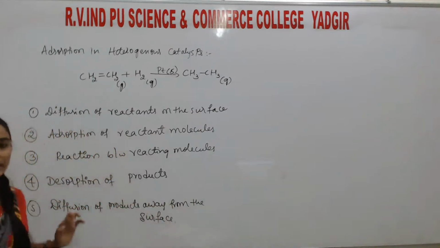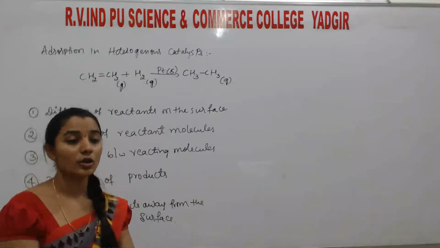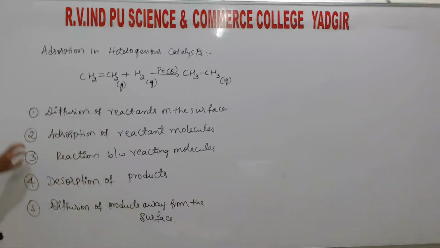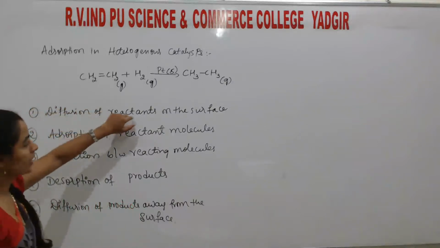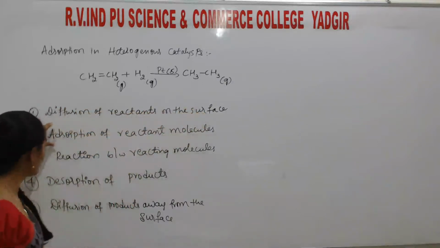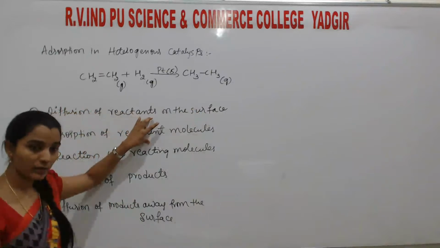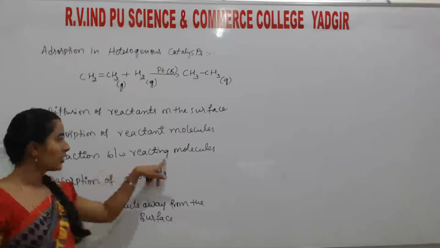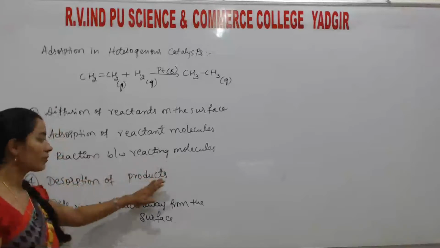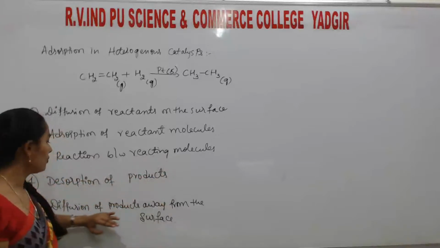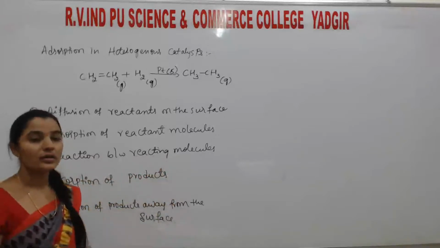These are the 5 steps involved in adsorption in catalysis. What are they? Diffusion of reactants on the surface. Next, adsorption of reactant molecules. Reaction between the reacting molecules. Desorption of the products. Diffusion of products away from the surface.